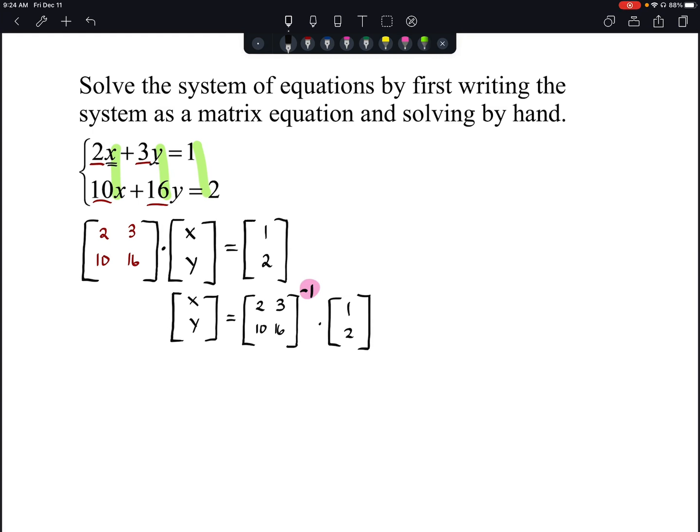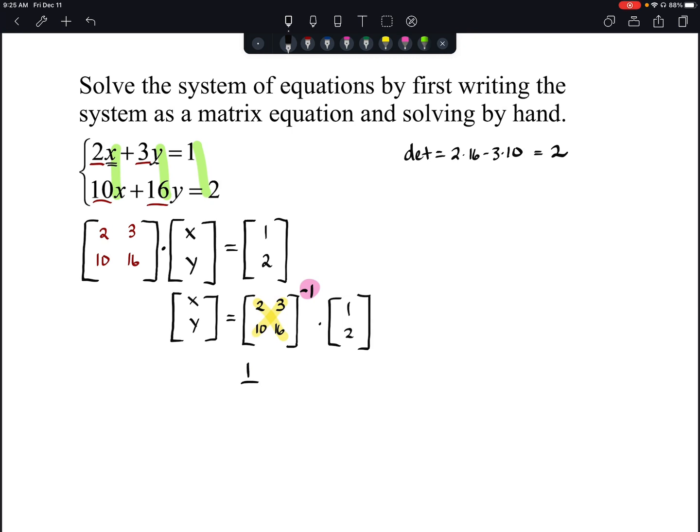All right, so to find the inverse of this matrix, let's just do it up here. We're going to need to know the determinant. The determinant is going to come from doing 2 times 16 minus 3 times 10, which is going to give us 32 minus 30, which is 2.